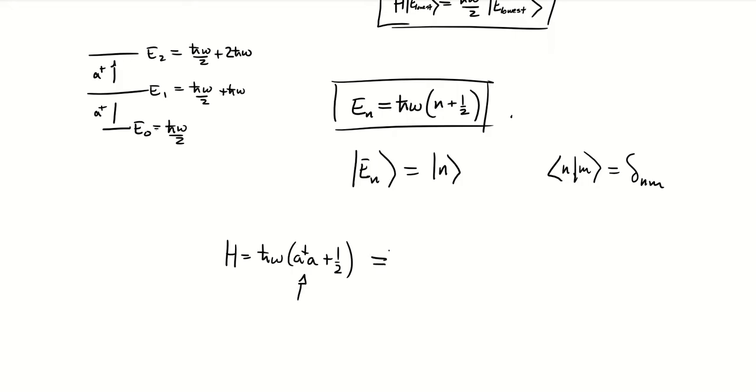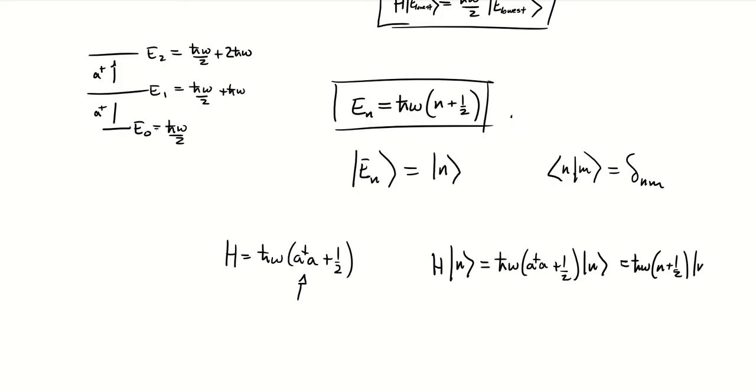If we take this Hamiltonian and apply it to our energy eigenvalue equation, we know this is h bar omega a dagger a plus 1/2 acting on n. That gives us the eigenvalue h bar omega n plus 1/2 acting on n.